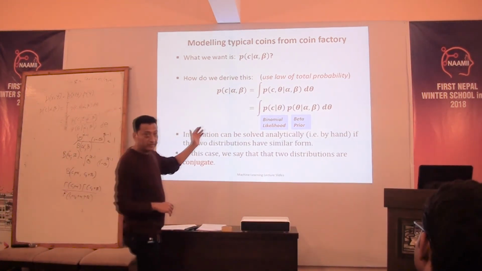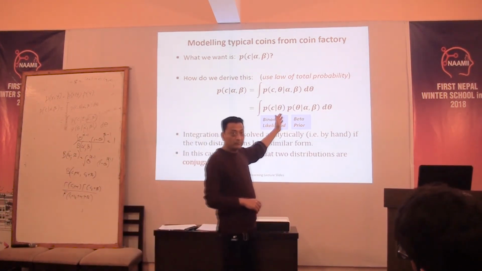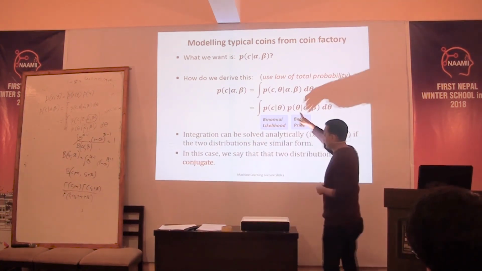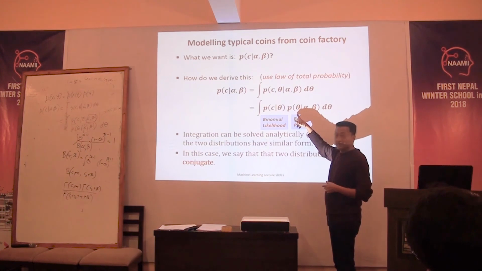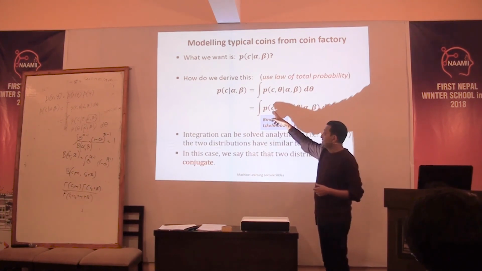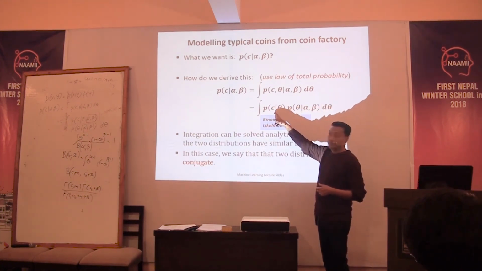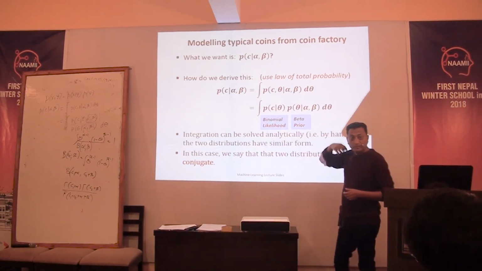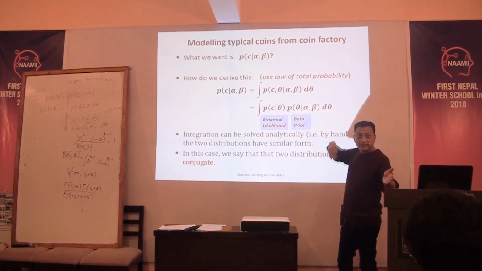What is happening in this integration is that we go to the factory, we pick a coin, and we now know the probability of this coin from the beta distribution. Now for the C1 heads and C2 tails, we know the probability of generating them using the binomial distribution. Then we go to the next coin and carry this on.